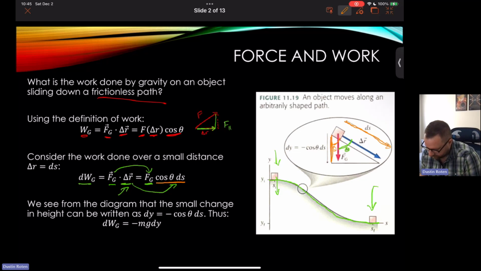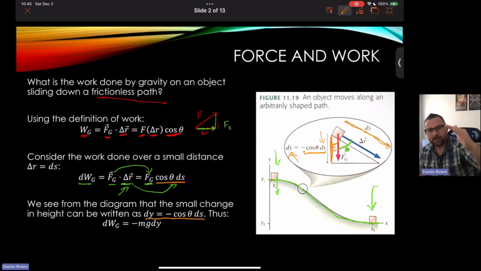It turns out this is just the trig identity. The hypotenuse ds times cosine theta will just give us this vertical adjacent piece dy. So we can do a straight up substitution and say, if we attach a negative, negative cosine theta ds is simply the same amount as that change in dy.